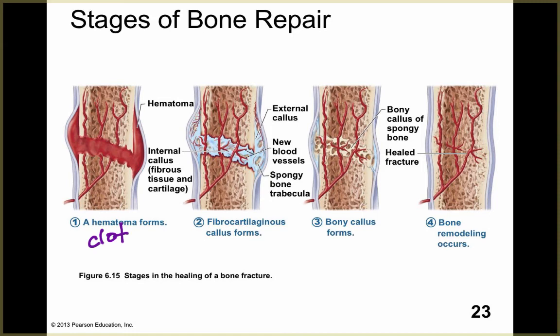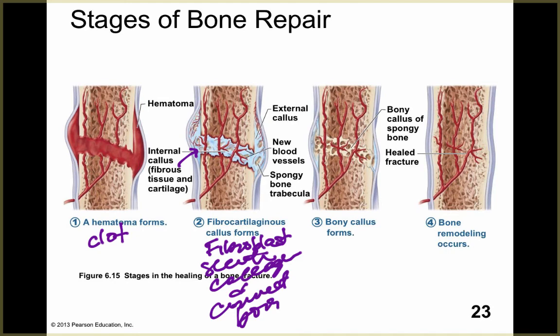Now, once that forms, the next thing that happens is you're going to get this fibrocartilaginous callus that forms. And you can see the internal callus is happening right here. Essentially what happens is you get fibroblasts that secrete collagen and connective bone here.